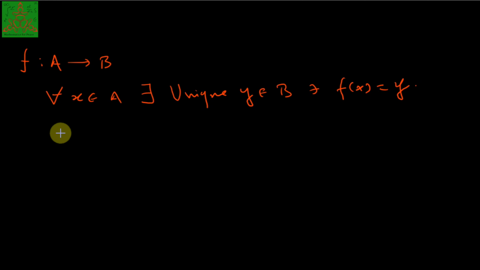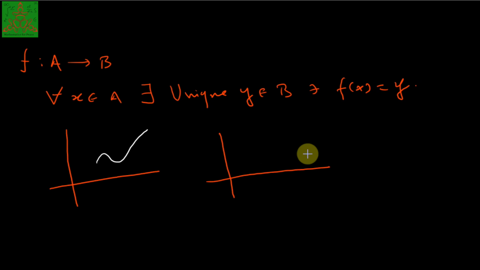For example, I will give you some questions here. Let's say the first graph I am drawing in this way, another one I am plotting this way, and the third one I am plotting in this way.